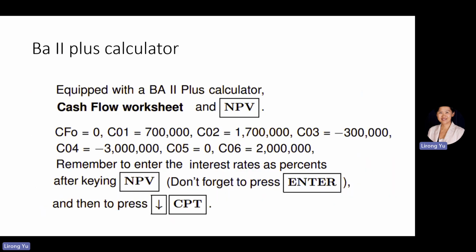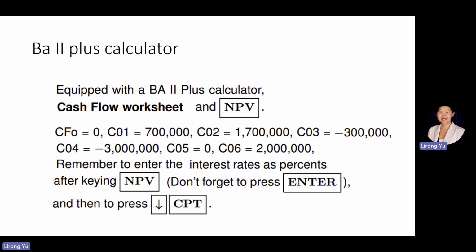You can also use the net present value key on the BA II Plus calculator. You're going to add all the cash flows that we just mentioned in the question: C1, C2, C3, C4, and C6. You have to make sure C5 is equal to 0 because you can't skip.